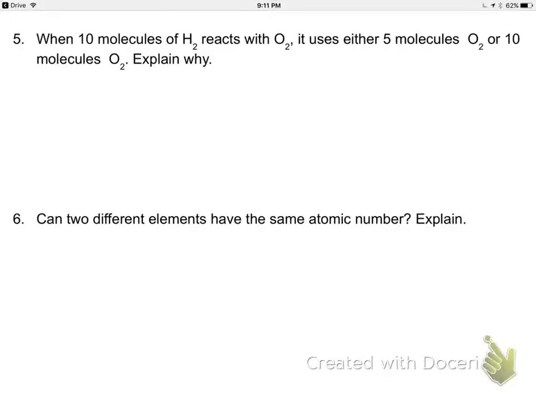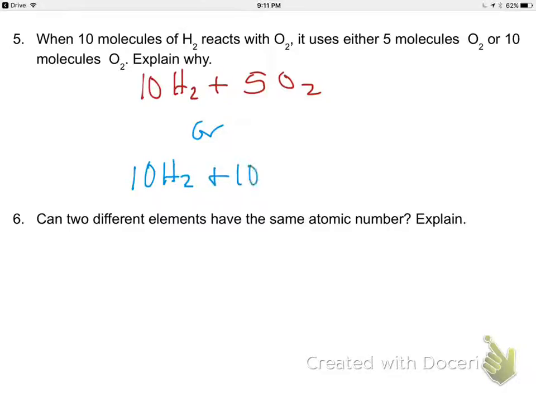And then this question: when 10 molecules of hydrogen react with oxygen, it either uses, so if we had 10 H2s, it would react with 5 O2s, or, let's do this other reaction in a different color, let's see, blue, it can react with 10 molecules of O2. Now this kind of question sounds more difficult than it is, so don't get caught up in the details, but remember our discussion from class about the fact that you can change the proportion of elements in a compound, and when you do, you get different compounds.